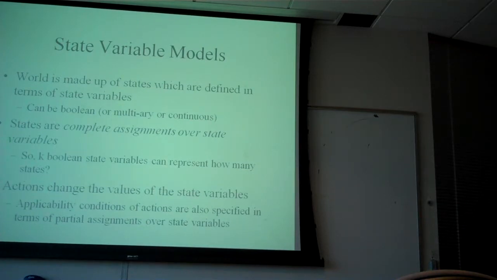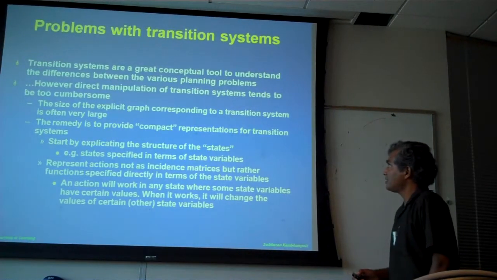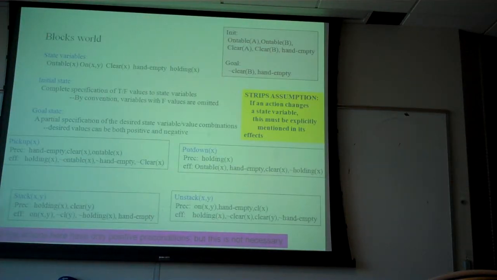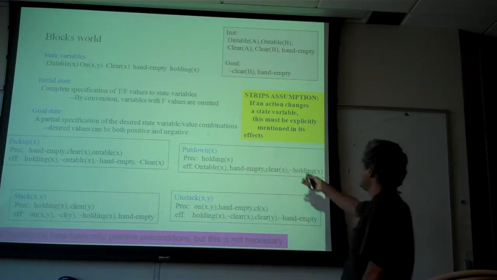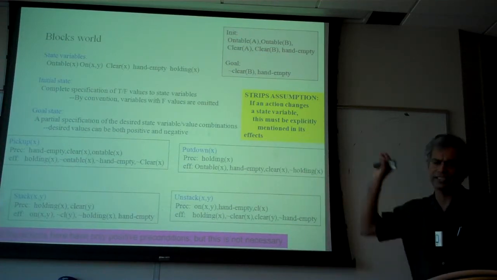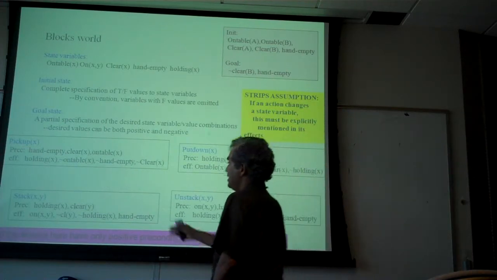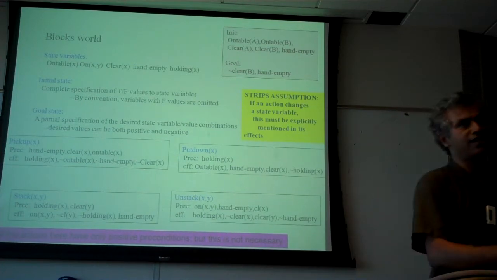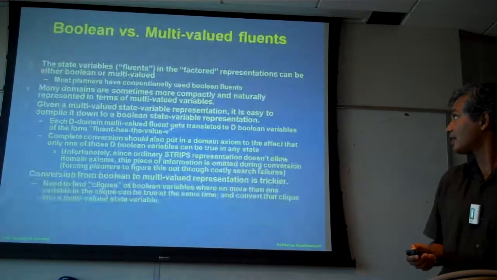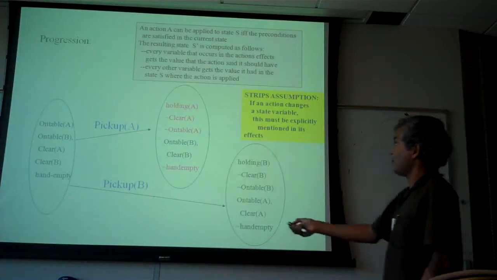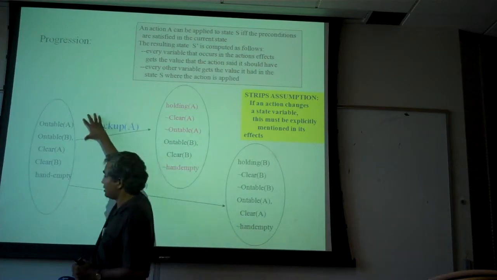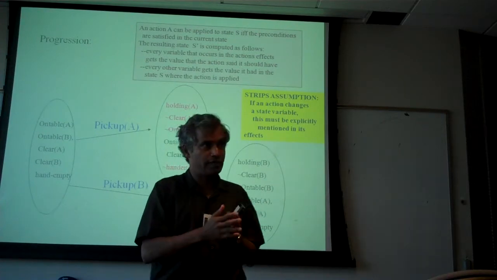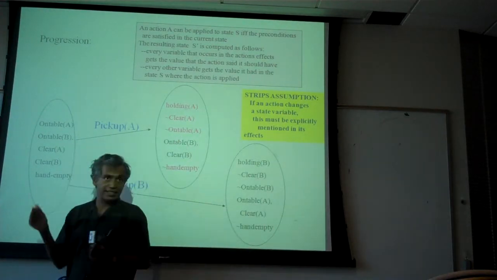So we looked at problems with state transition models, the atomic models, and then state variable models, and we looked at a single example, the blocks world. I also jumped ahead and showed one simple way of understanding what it means to apply an action to a state. When you apply an action to a state, you should make sure that the preconditions, which are partial assignments of values to variables, hold in the state in which the action is being applied.